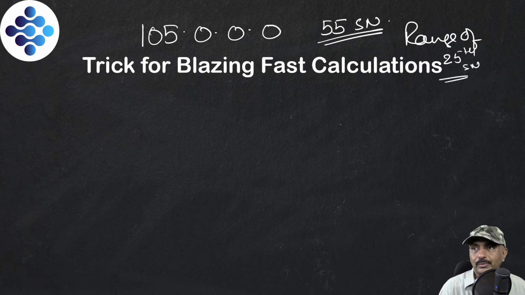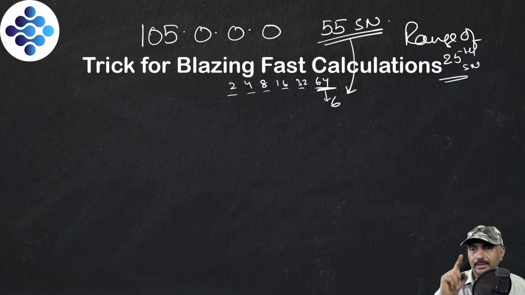Now with this calculation, this is 55, so we write 2, 4, 8, 16, 32, 64. So 1, 2, 3, 4, 5, 6. We have to borrow 6 bits. Remember, 8 bits was 255, 7 bits was 254, 6 bits was 252.